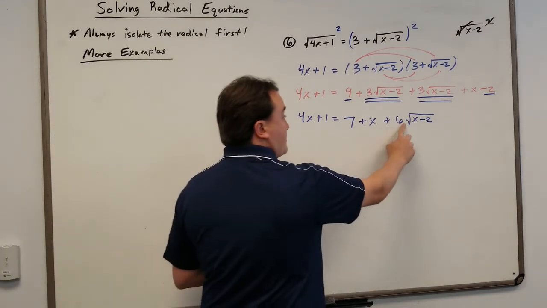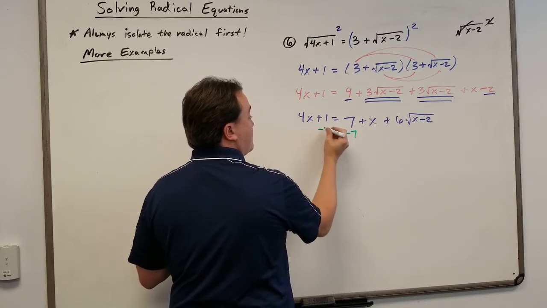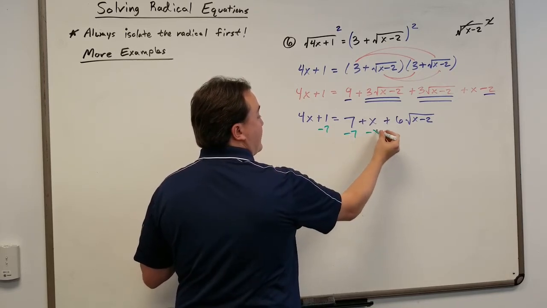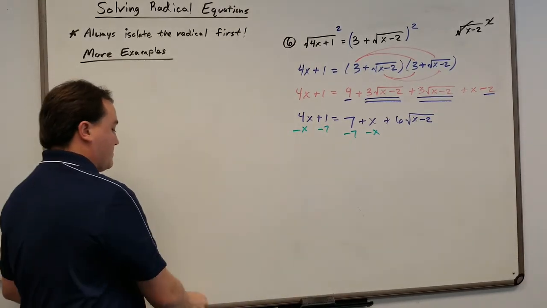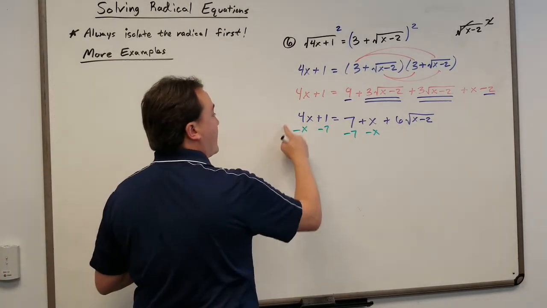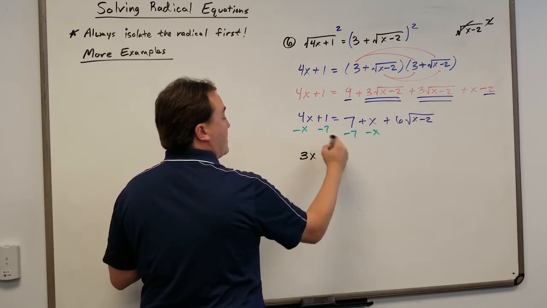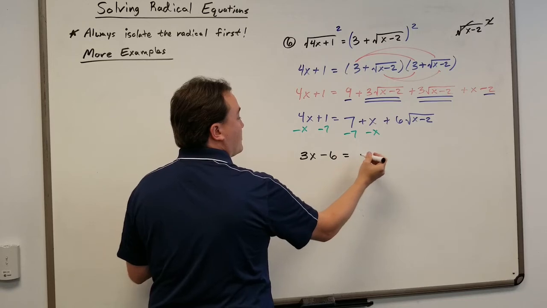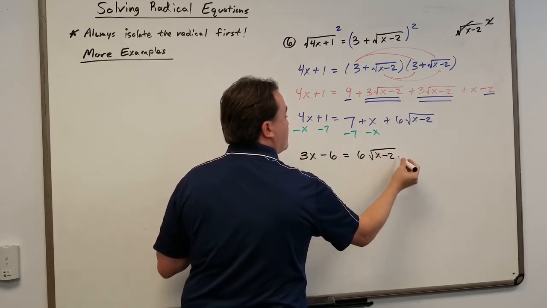We're going to leave the 6 alone though. So we're going to minus 7 and minus x. So this gives us 3x minus 6 equals 6 square root of x minus 2.